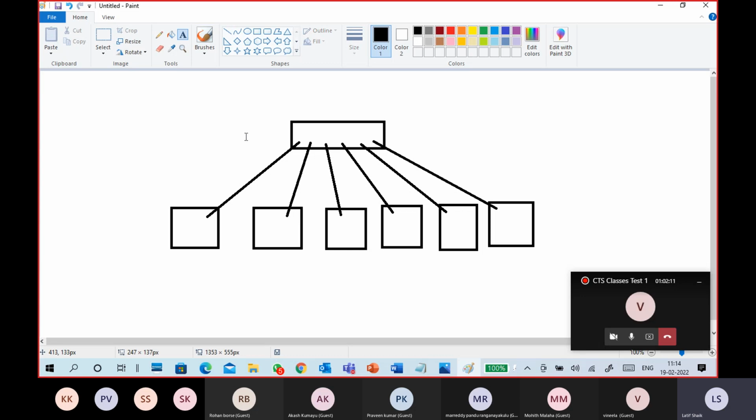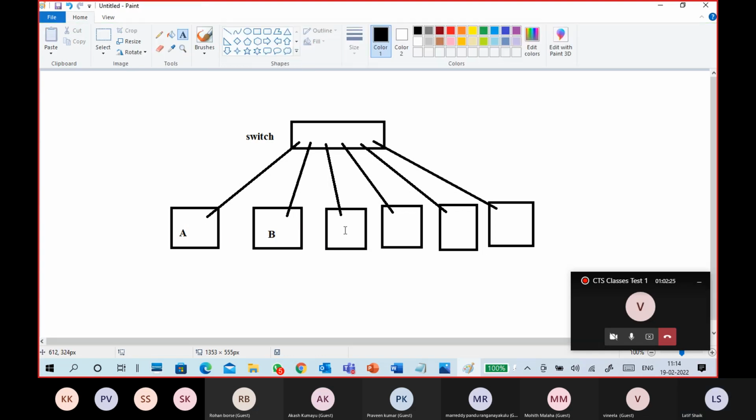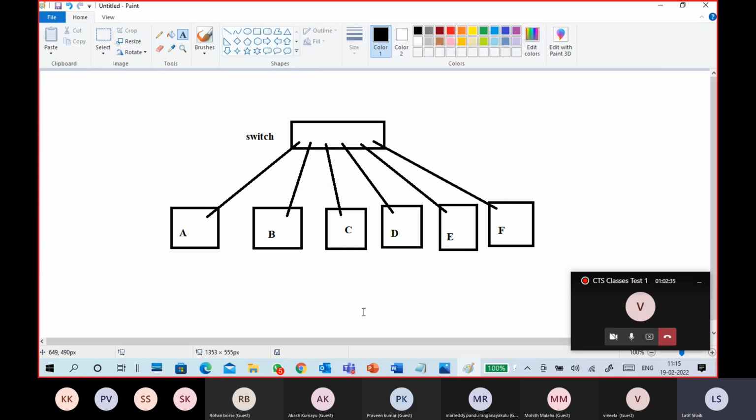This is a switch, and these are the PCs: A, B, C, D, E, F. I will ask questions, guys.